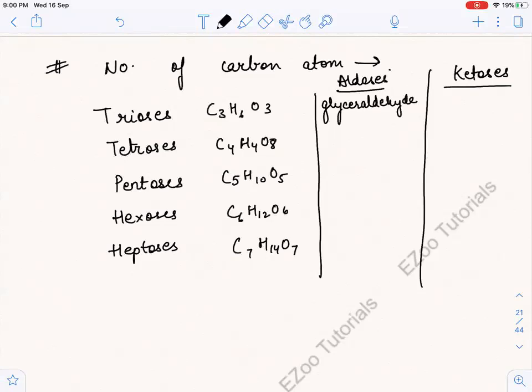And for it, it can be what? It can be dihydroxy acetone. And in this, you have to learn it. You have to learn it.